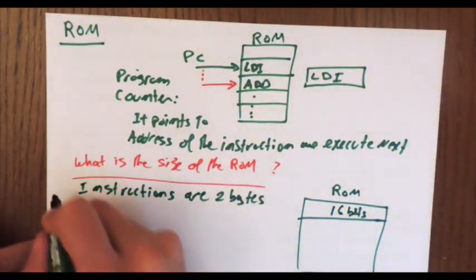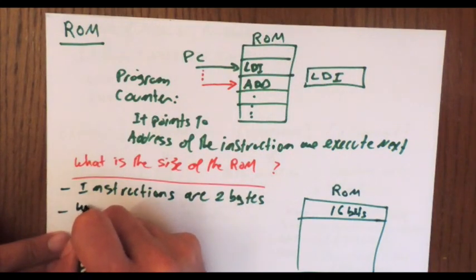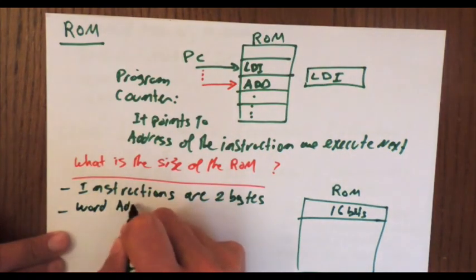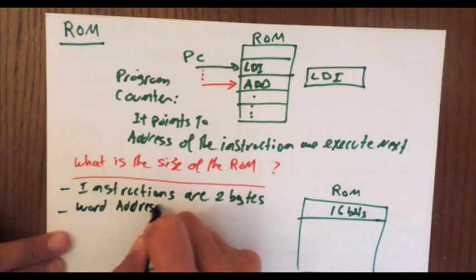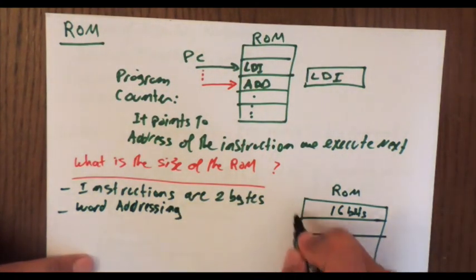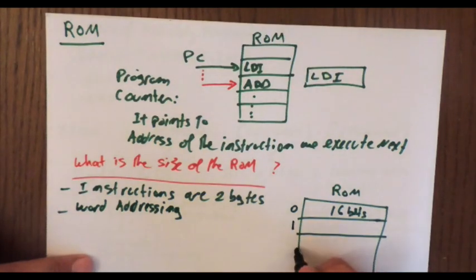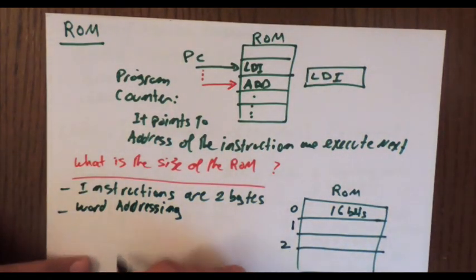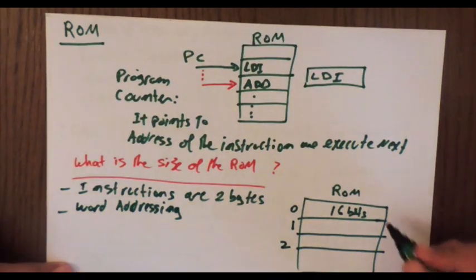Now we're gonna use word addressing. So what do we mean by word addressing? This means this will be location 0, this will be location 1, this will be location 2. The other way of addressing is byte addressing, where we say 0, 2, 4, since we're counting the bytes, but here is not the case.